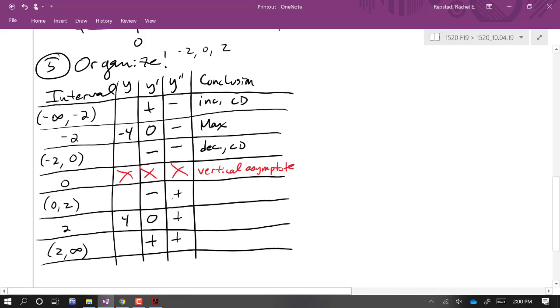Decreasing, concave up. Oh, he had the switch. Now I know. That's a minimum, right? It's concave up at a critical value. And last row, concave up, increasing. Must have missed that row. Okay.